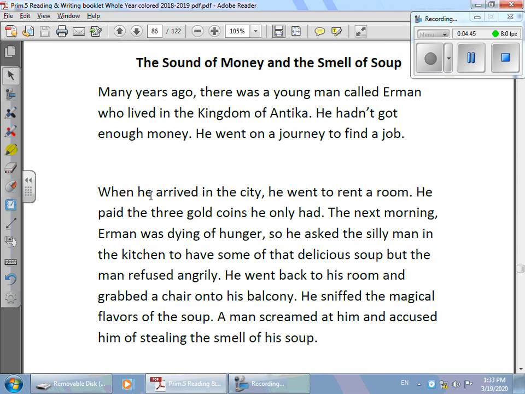Let's see. When he arrived in the city, he went to rent a room. He paid the 3 gold coins he only had. The next morning, Erman was dying of hunger. So he asked the silly man in the kitchen to have some of that delicious soup. But the man refused angrily.